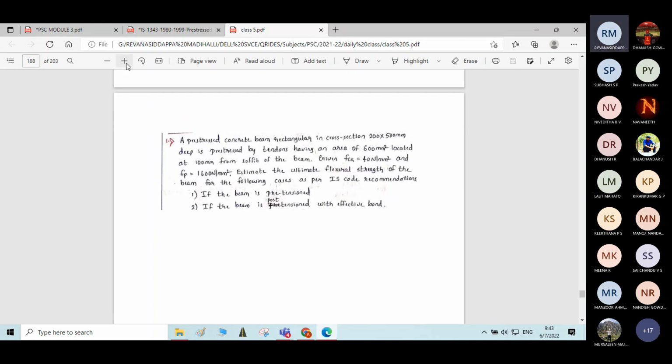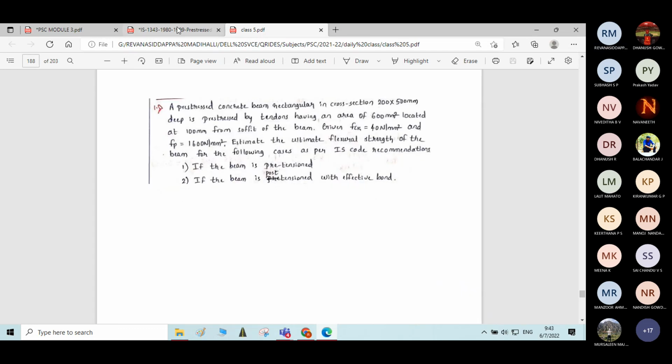All of you read this problem. Problem number 1. Take 1 minute time to write the problem.